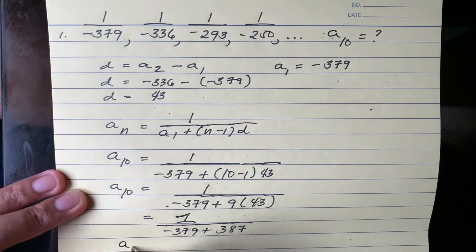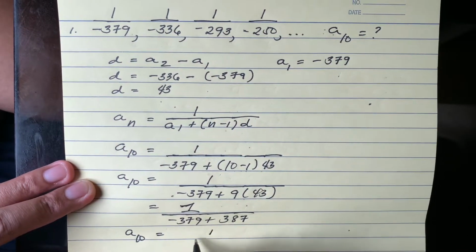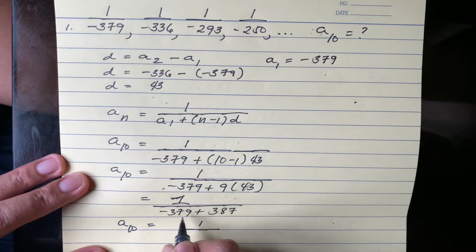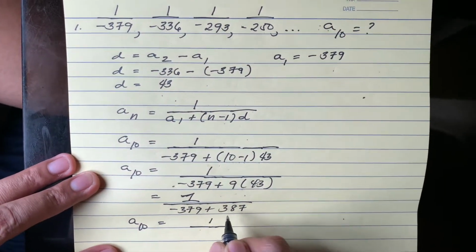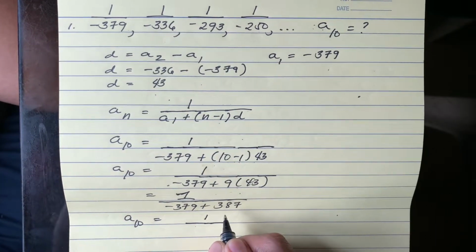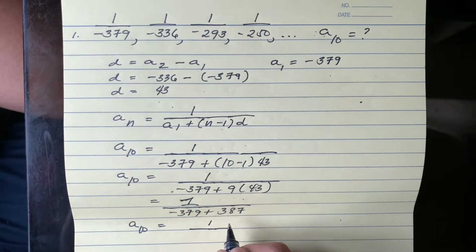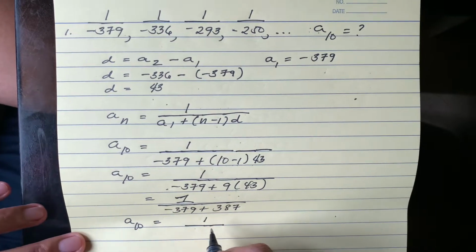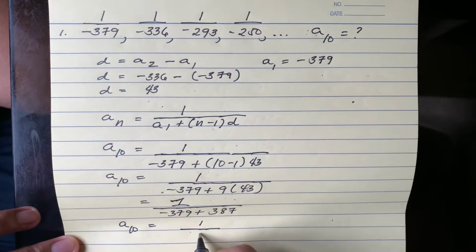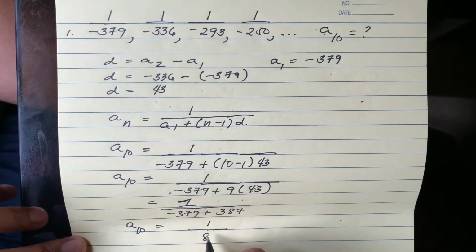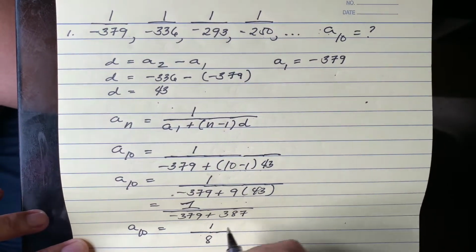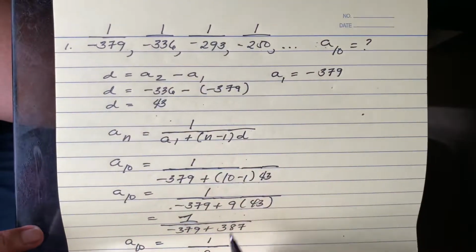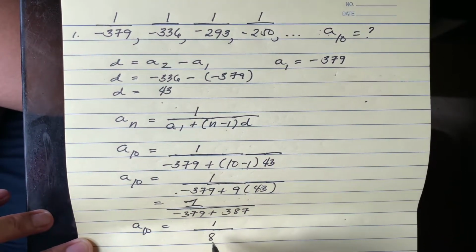So our a sub 10 is equal to 1 all over, we just have to add negative 379 plus 387. What do you think is the answer? We will be getting 1 all over 8. So this is now the answer if we are going to find out the 10th term of this harmonic sequence. The answer would be equal to 1 all over 8.